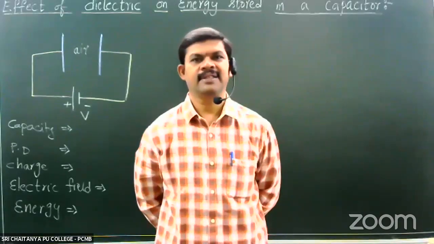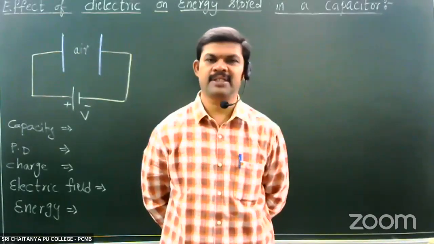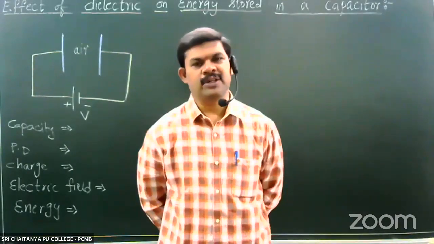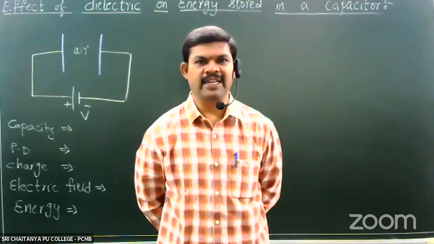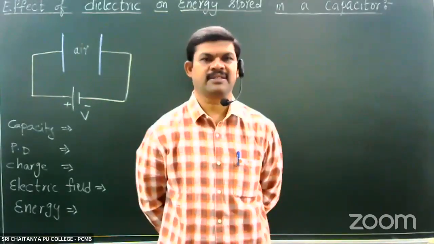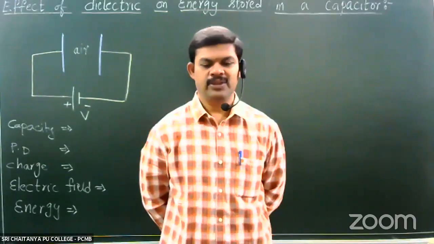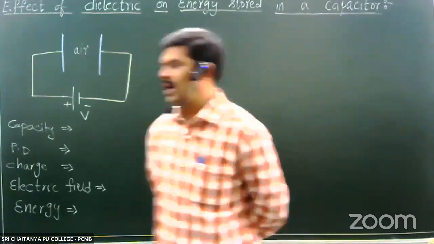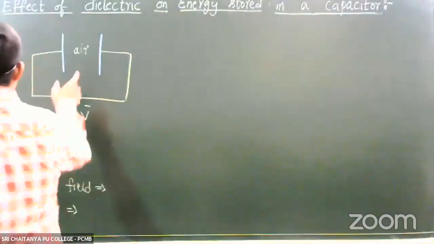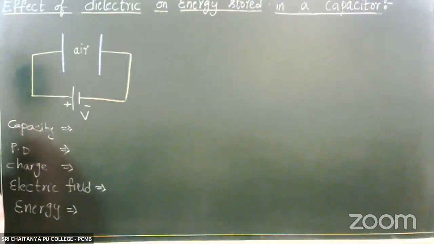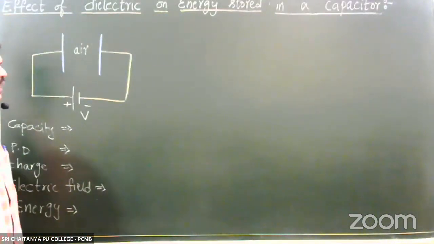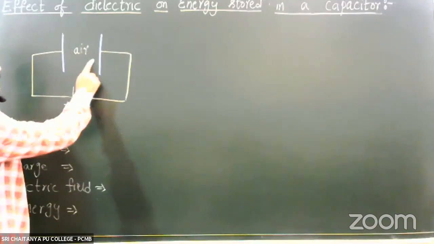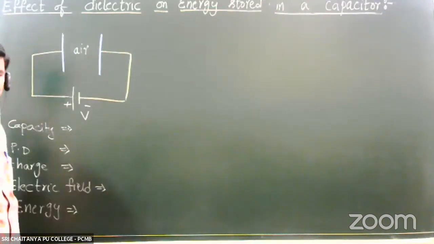We discussed energy stored in a capacitor in detail, and we solved some problems related to the combination of capacitors. Okay. Today, there is an important topic: how the energy stored in a capacitor is affected when a dielectric is introduced between the plates.